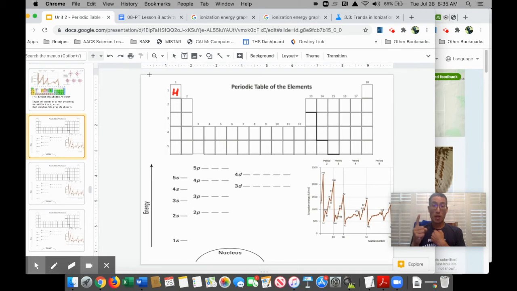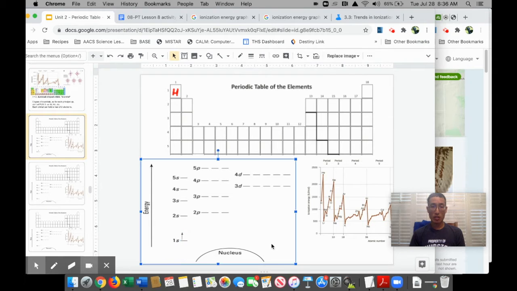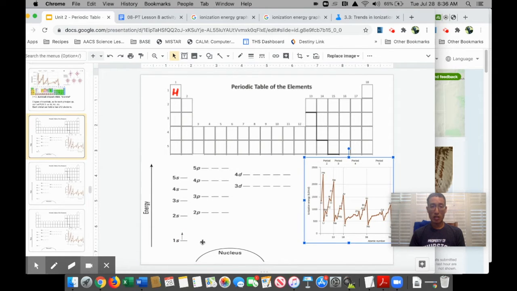Remember, it has one possible orbital, the s orbital, and so it's got one electron. And it turns out electrons actually have something called spin also. They can spin up or spin down, but they can't spin the same direction in the same orbital. And so one electron we're going to put as spin up.